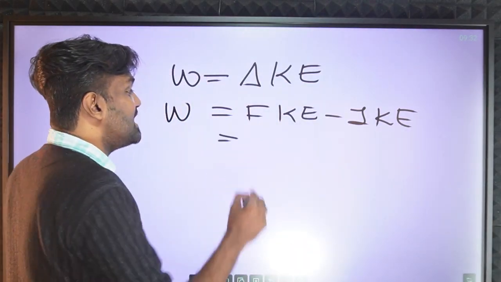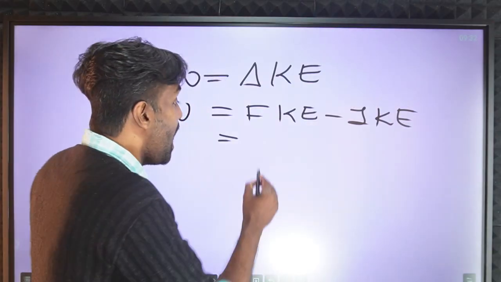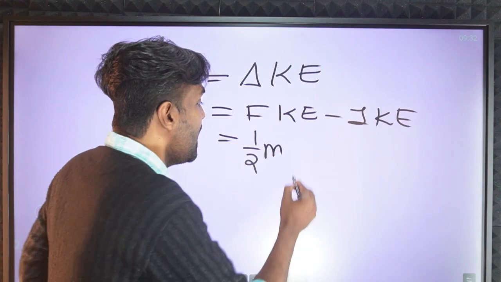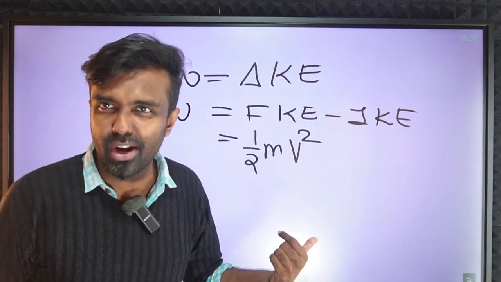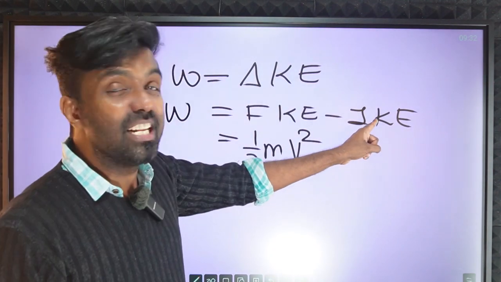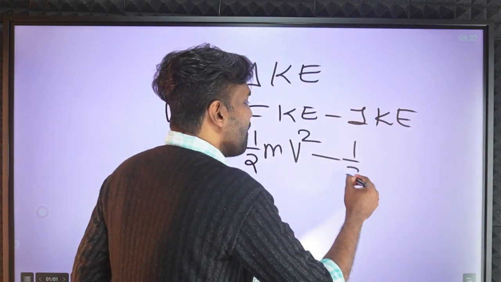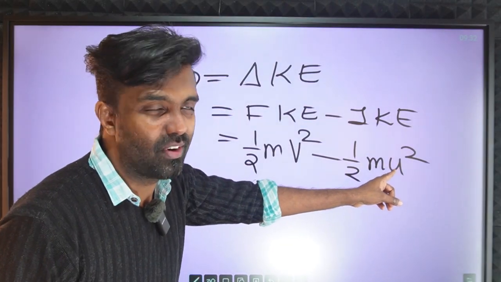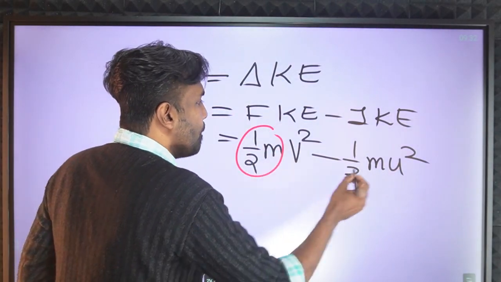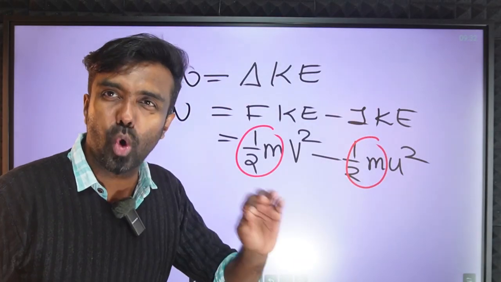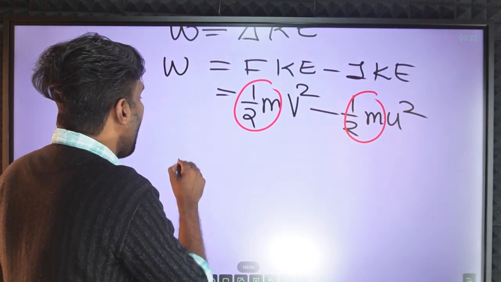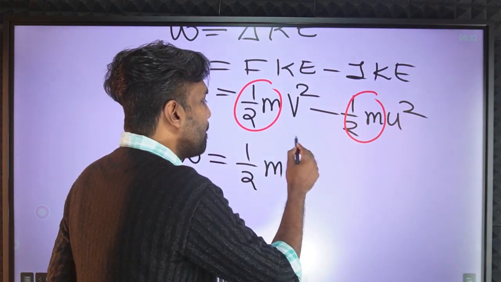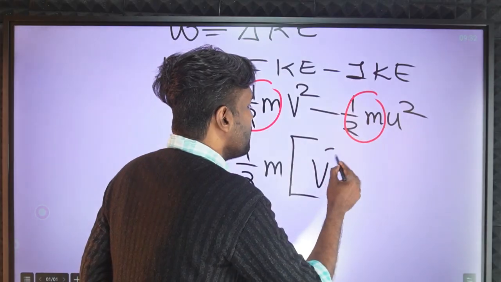The formula for kinetic energy is half m v squared for the final, minus half m u squared for the initial, where v is final velocity and u is initial velocity. Both half m are constant, so take half m as common and put the rest in brackets: v squared minus u squared.